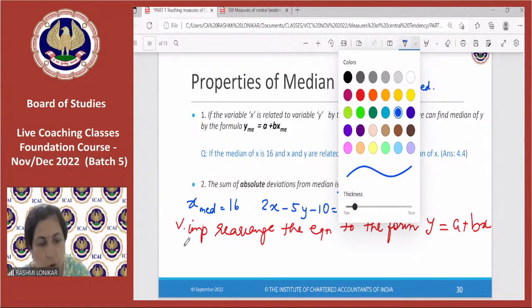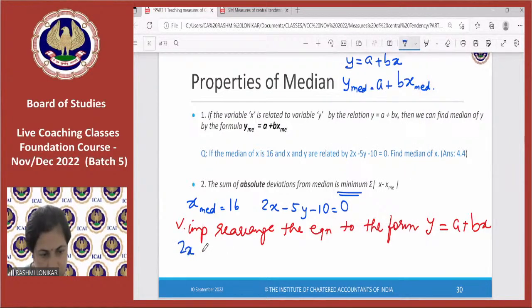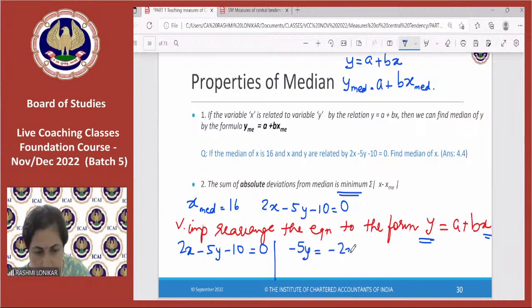So now what does my equation say? It says 2x minus 5y minus 10 is equal to 0. Y should be on the left hand side and x should be on the right hand side. So minus 5y is equal to minus 2x plus 10, or y is equal to 2x upon 5 minus 10 upon 5.